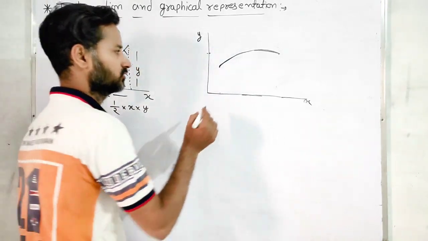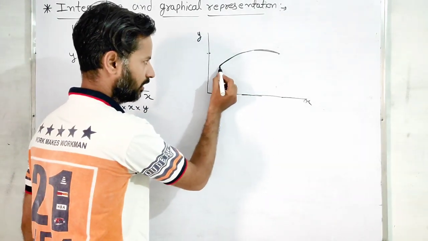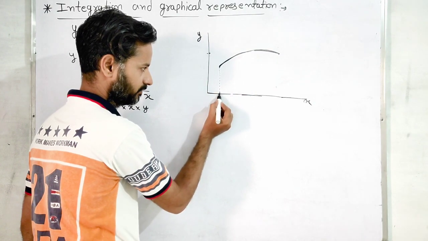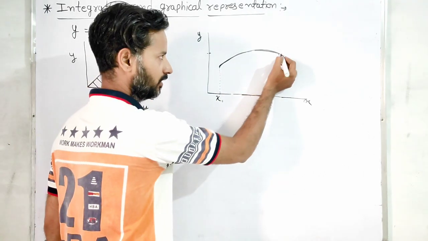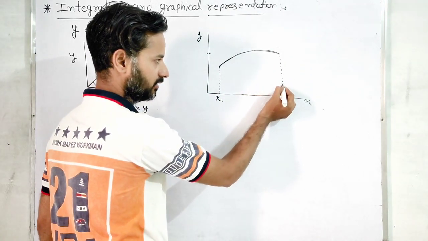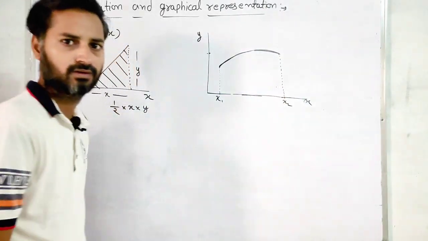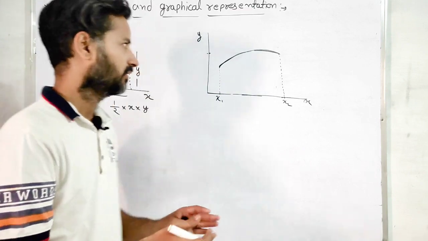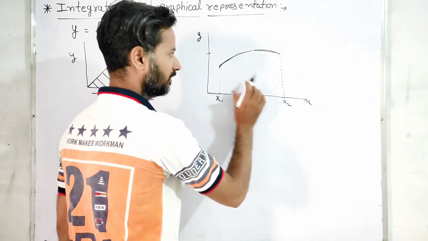So for finding the area, this graph begins from here, where the x coordinate is let's say x1, and ends here, where the x coordinate is x2. Now for finding the area, let us choose a rectangular strip on this graph.